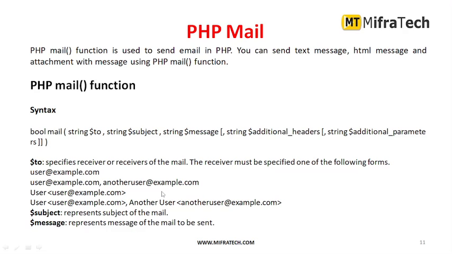The subject represents what the mail is about. The message represents the mail you send, like a description of what you are sending. The subject refers to the report, and the message refers to a detailed report.